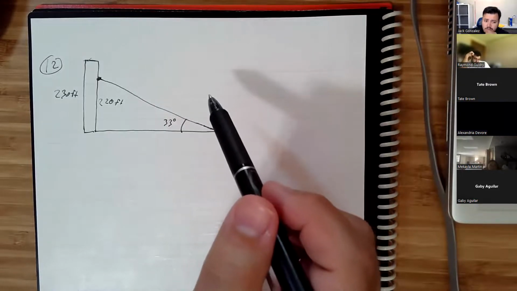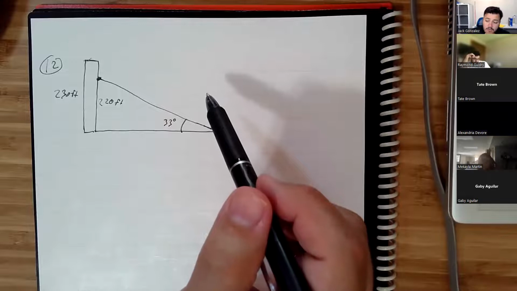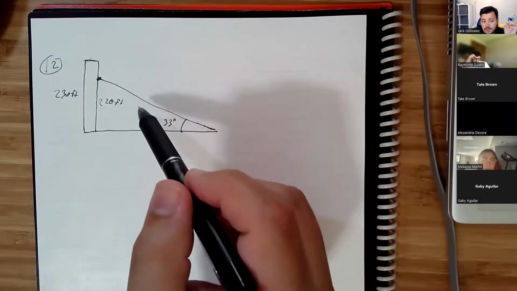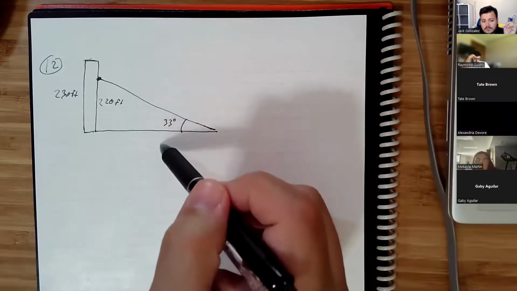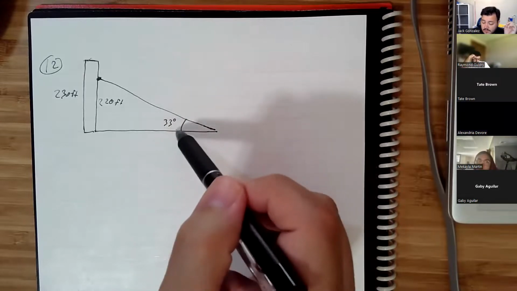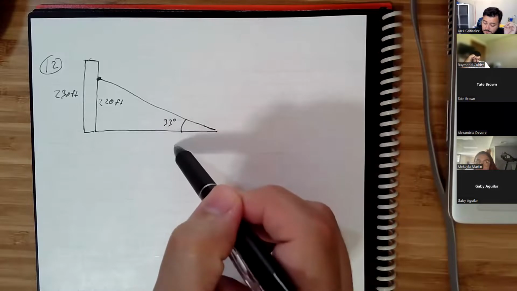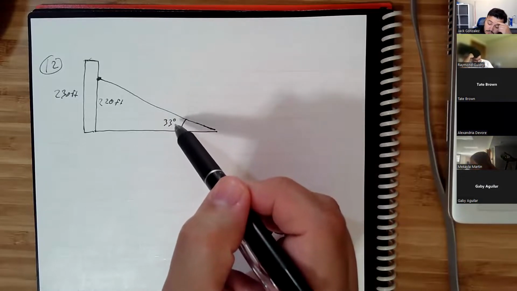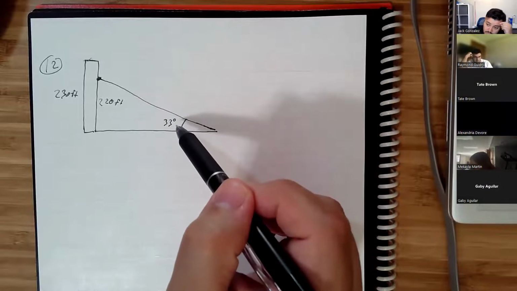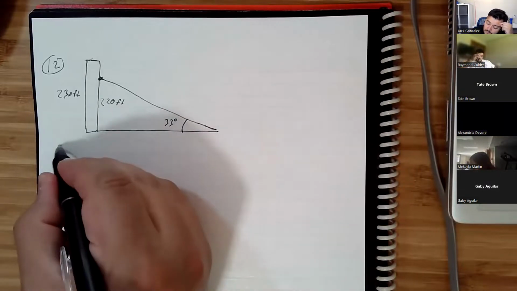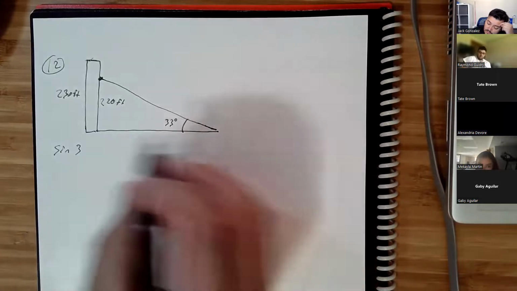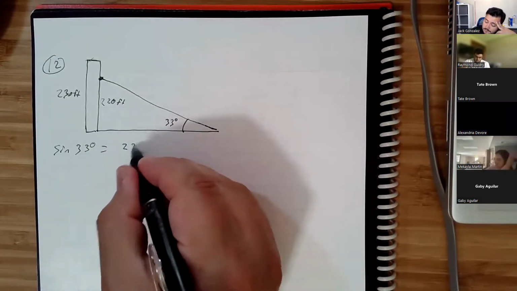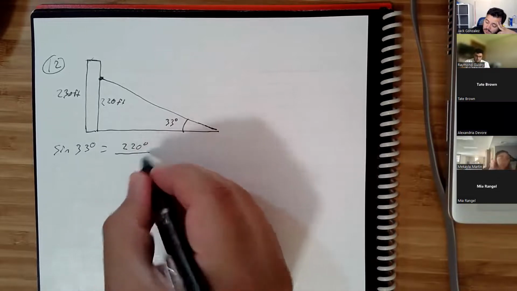So we should use sine or cosine, doesn't matter. Anything that has hypotenuse and an opposite side. Sine wouldn't work, actually. I'm sorry, cosine wouldn't work because adjacent's gone. So we want to use sine or the reciprocal of sine. Both of those work. Because sine of 33 degrees is equal to the opposite over the hypotenuse.